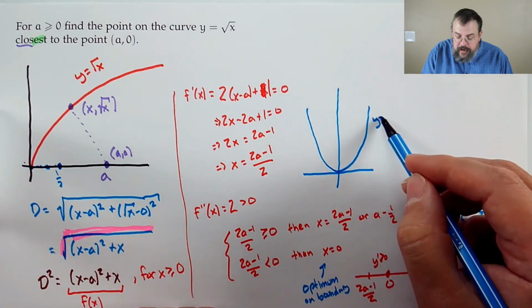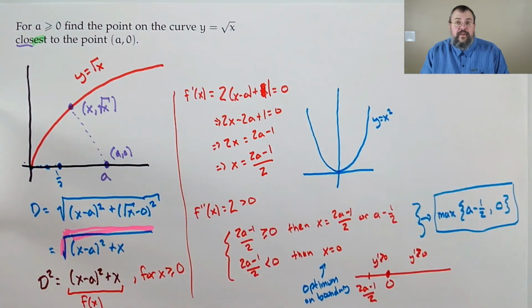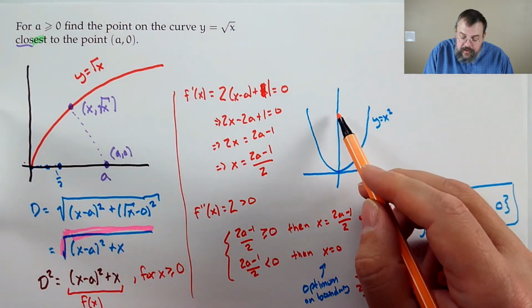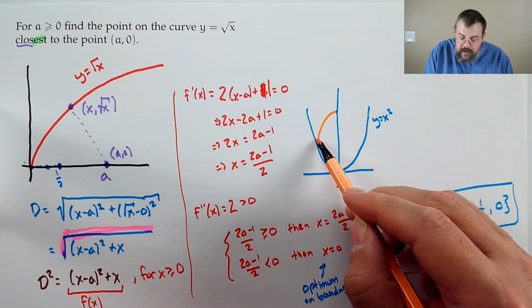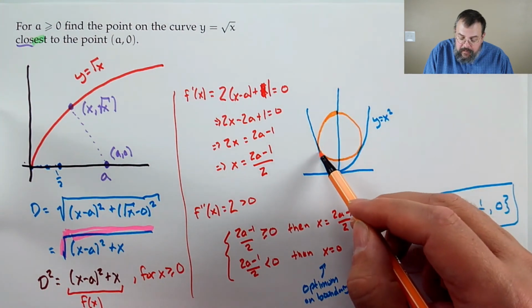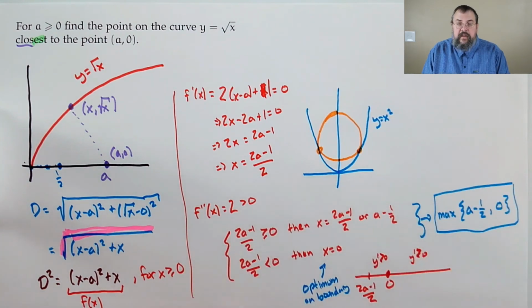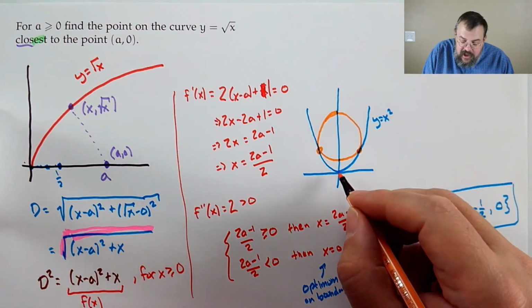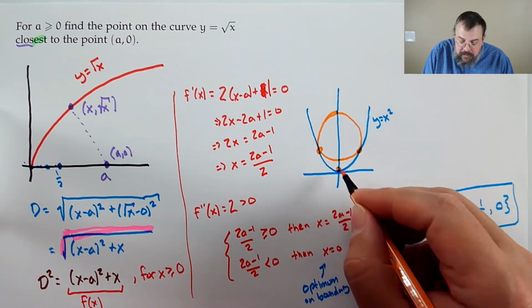So here's our parabola. You can drop a circle here. And now the question is, what happens to the circle? Well, it turns out that if you have a large circle, it's not going to go all the way down. On a big circle, it'll get stuck at the sides. If it's too big, it can't reach the bottom. On a really tiny circle, it'll get right to the bottom.